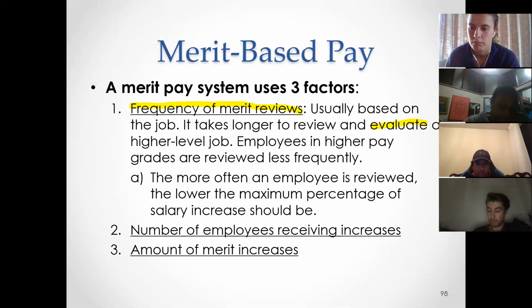Well, if we review Chloe and Rodrigo every 2 months, the increase they get might be smaller. They might get more increases, but the amount will be smaller. Where Anais is only getting reviewed once a year, and so her amount of increase might be larger because it happens less often.